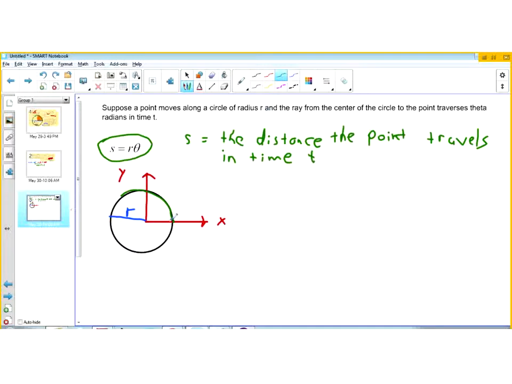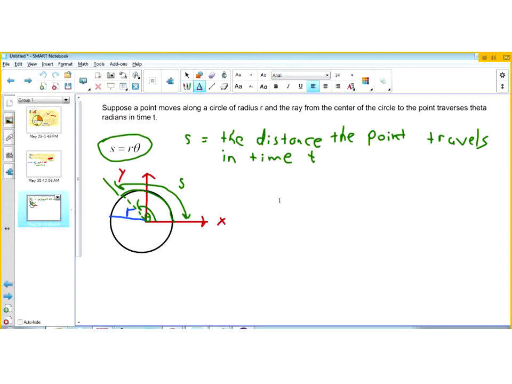We know r, and theta is this angle right here, the measure of this angle in radians. So here's your theta, and here's your S. This distance right here is S, and S is equal to r theta. So that's distance.